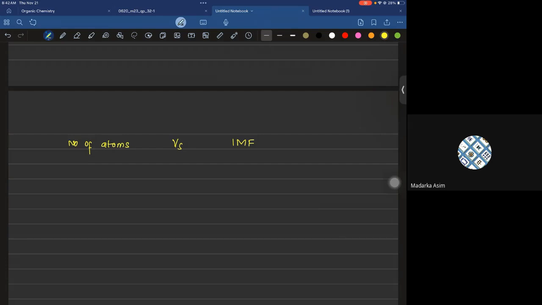Okay, what I'm saying is that they are directly proportional to each other. Okay.